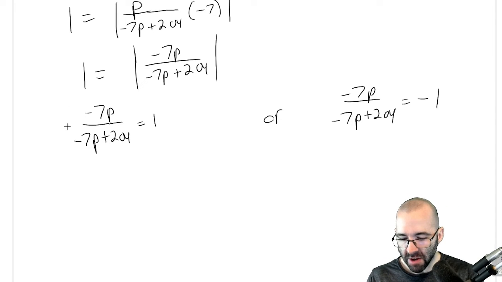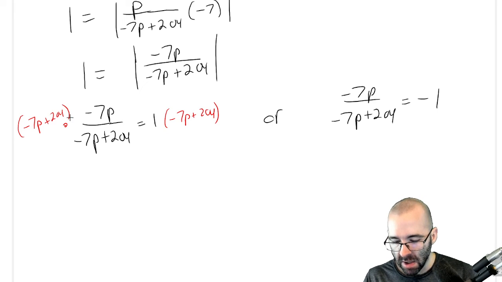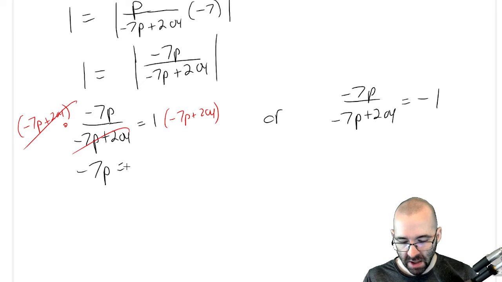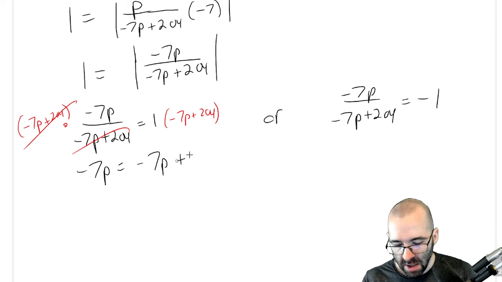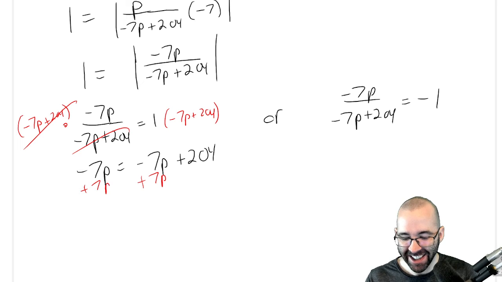But we solve these fraction equations by multiplying by the LCD on both sides. And we solve from there. So when we do that, we get some cancellation and we get -7p equals -7p plus 204. We add 7p to both sides.